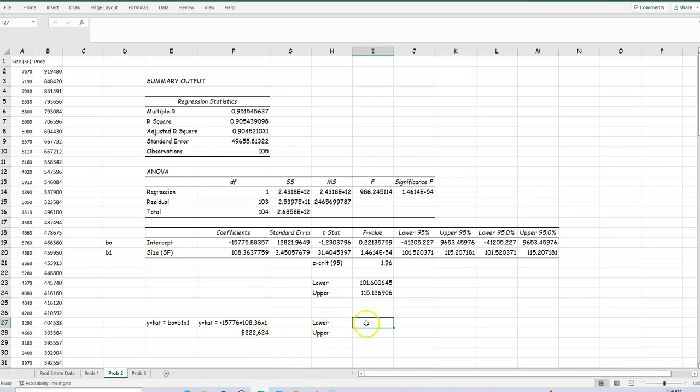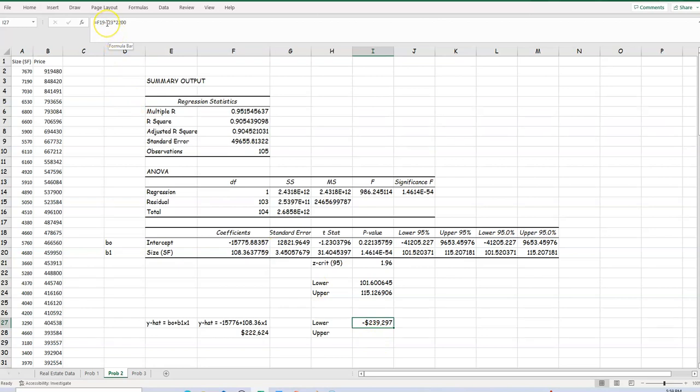So the lower, again, will be the intercept. Let's see, I'll subtract the lower value of the 95% confidence interval times 2,200 square feet. That shouldn't come out to be that. Why is that negative?